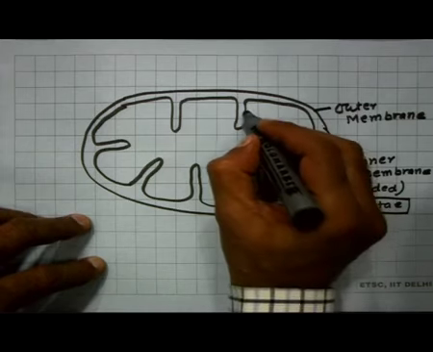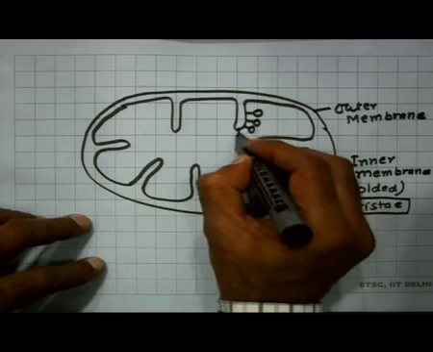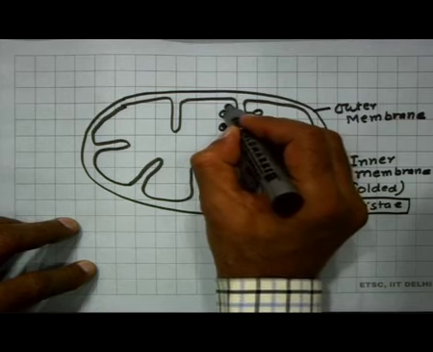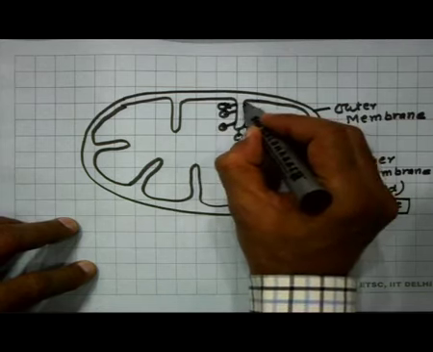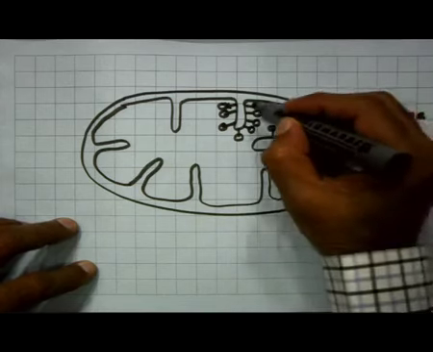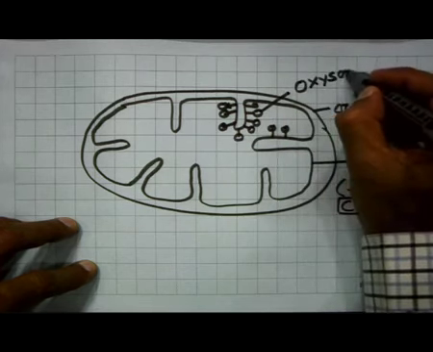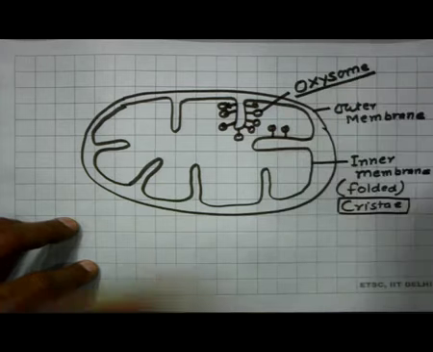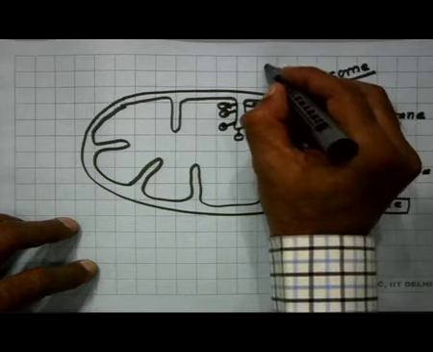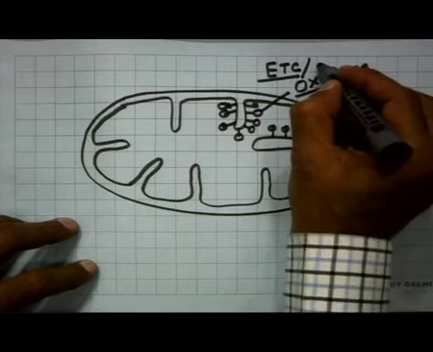In these cristae, pinhead-like structures are found. Do you know what this is? Yes, you have already read in the chapter cytology. This is called oxysome. These oxysomes are the site of the electron transport chain or oxidative phosphorylation.